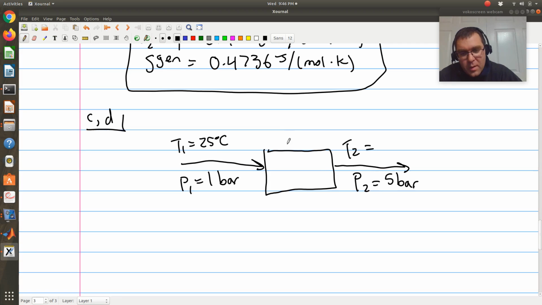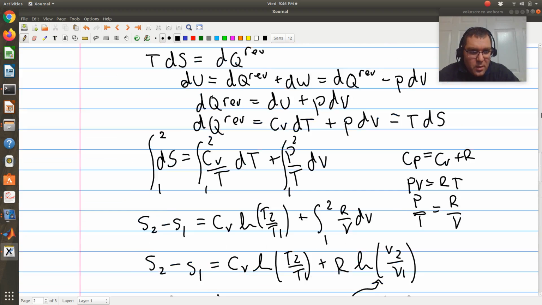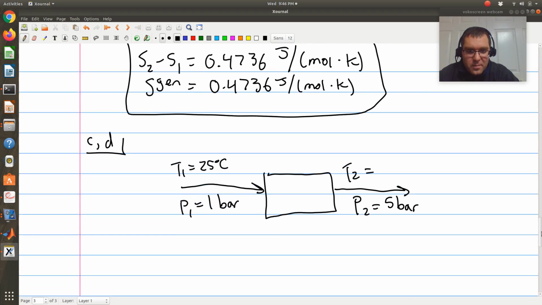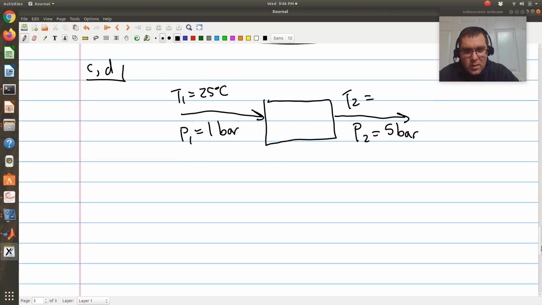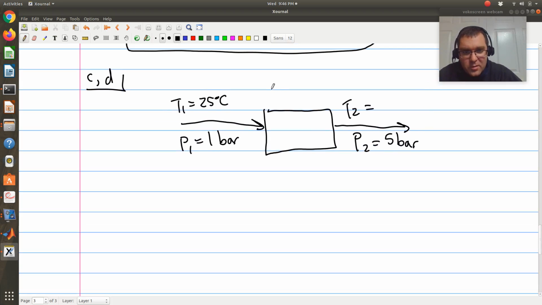In the problem statement, they tell us that we're insulated, so I'm still going to assume that this is adiabatic, that Q is 0 since we're well insulated. I need to calculate the work again, but what I'm also given this time is that we want the minimum amount of work. The minimum amount of work is going to correspond to the case when my entropy generation is 0. The minimum amount of work is going to occur for a reversible process.